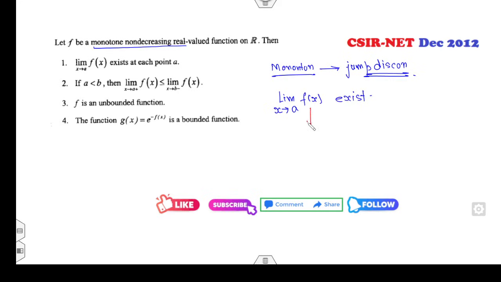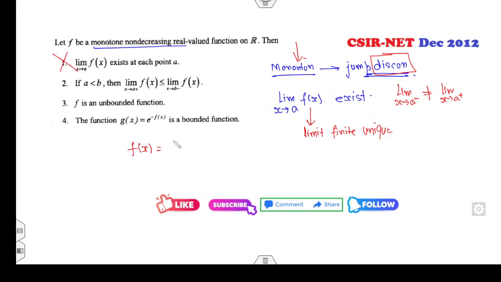Why? Because existence means the limit is finite as well as unique, but we all know the monotonic functions have discontinuity. So once there is a jump discontinuity, the limit as x approaches a from the negative side and the limit from the positive side are not the same. So that means the first option is cancelled.